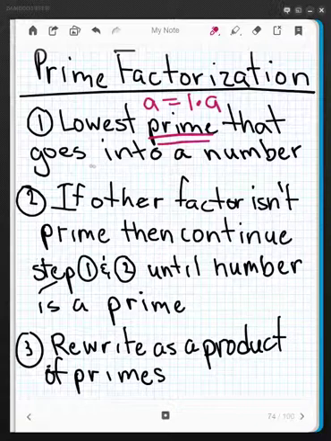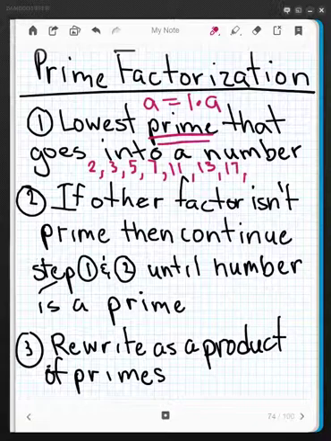A partial list of prime numbers: the lowest prime number is 2, the next prime is 3, the next prime is 5, the next prime is 7, the next one is 11, then 13, then 17, then 19, then 23, and there is a pattern there, but it's a fairly difficult pattern to see.